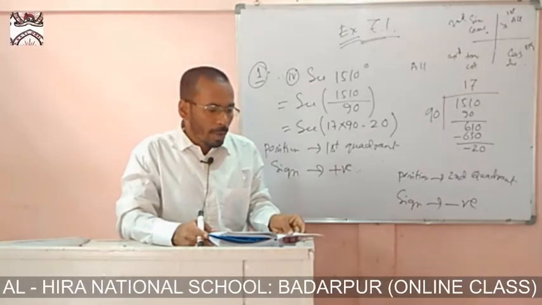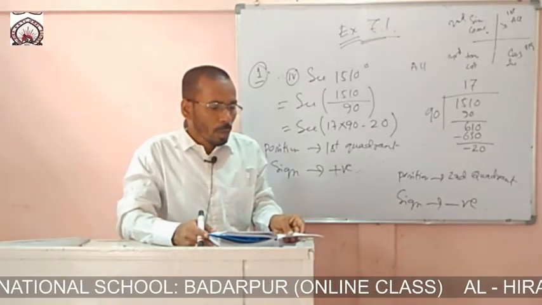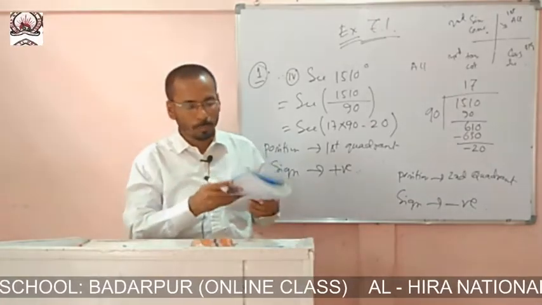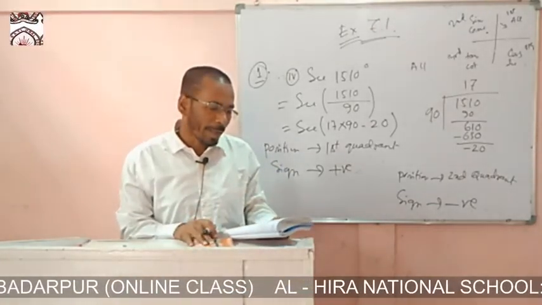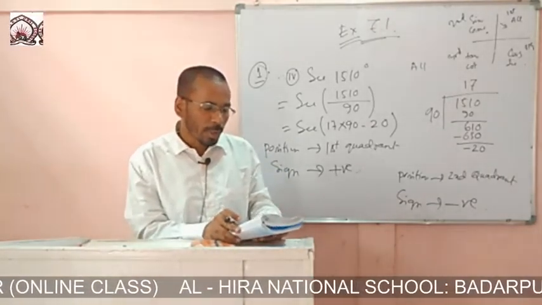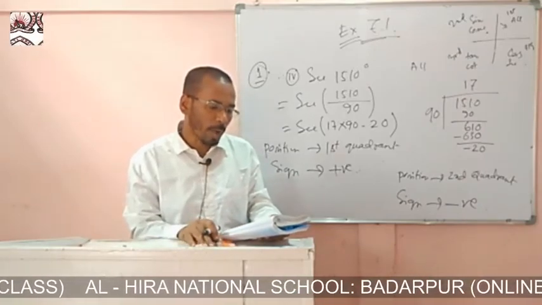Now exercise question number 2. What is question number 2? Express the following trigonometric ratios in terms of trigonometric ratios of positive acute angles.